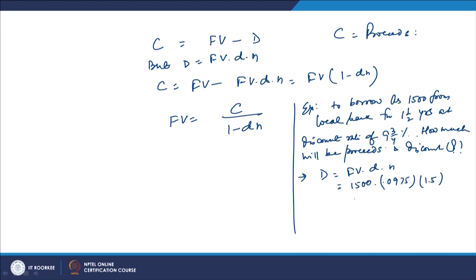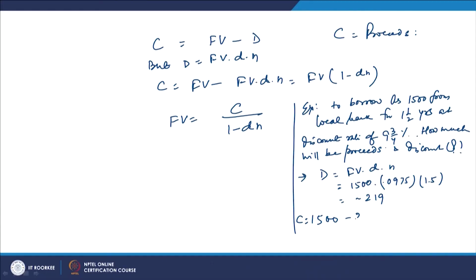So the discount amount will be approximately 219 rupees. The proceeds the person will be getting will be C equals 1500 minus 219, so it will be 1281, close to that.